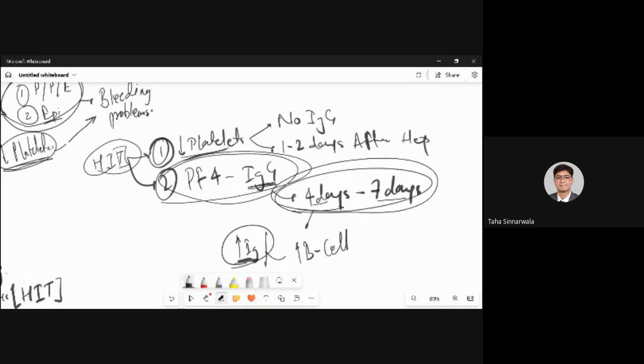But here, you do not have any immunoglobulin production. And additionally, it also takes less time. So it can occur within 1 to 2 days of administration of heparin. Whereas the type 2, it takes longer. Now, why does it take longer? Because you need to activate the B cells to produce the immunoglobulins. That's why it takes longer.